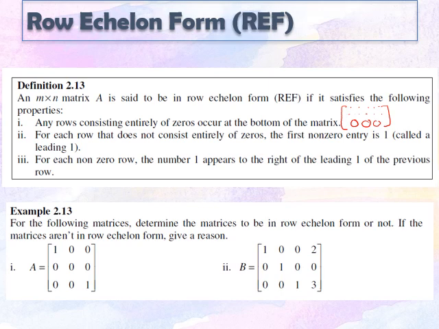Number 2, for each row that does not consist entirely of zeros, the first non-zero entry, meaning the 0, 0, 0 is below here at the bottom. If there are rows that are not 0, for example, we have 1, 0, 0.